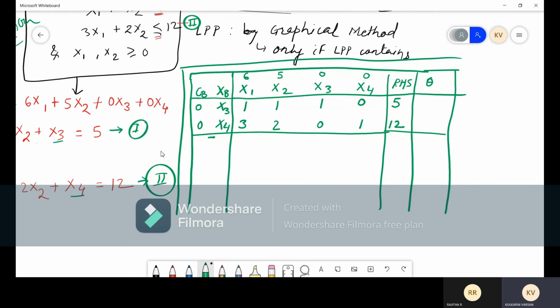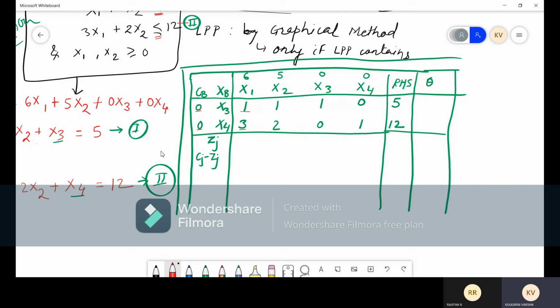Now we have zj, and then we have to calculate cj minus zj. So what is zj? Zj is nothing but the dot product of this into this plus this into this. As here it is 0, the dot product will always be 0.